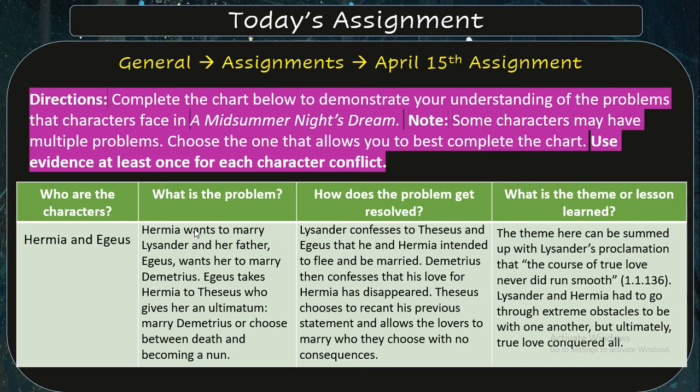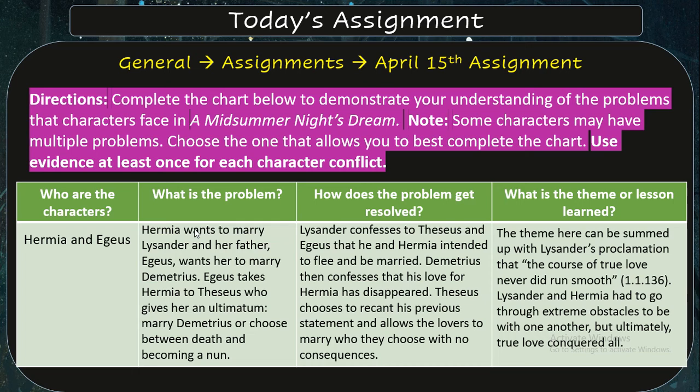How does this problem get resolved? Well, there's a few solutions here. Lysander confesses to Theseus and Aegeus that he and Hermia intended to flee and be married. So their first attempt at solving the problem was running away. And as we know, that was not the resolution. That was a part of the rising action and climax.